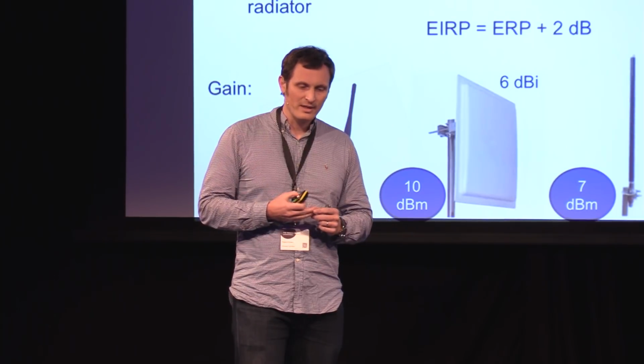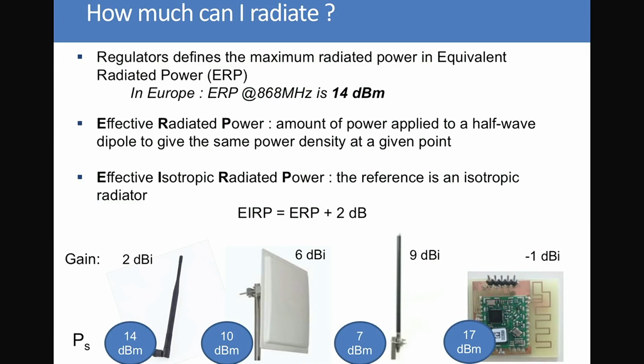How much can I irradiate? Regulators define the maximum power that you can irradiate. It's usually defined in equivalent radiated power, so ERP. In Europe, the ERP at 868 megahertz is 14 dBm. So what is ERP? It's the amount of power applied to a half-wave dipole to give the same power density at the given point.